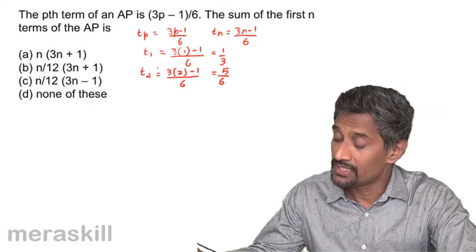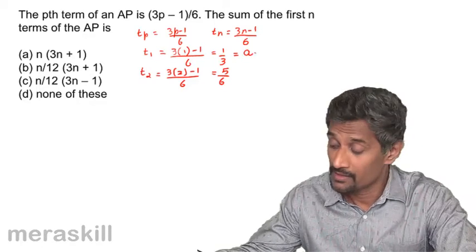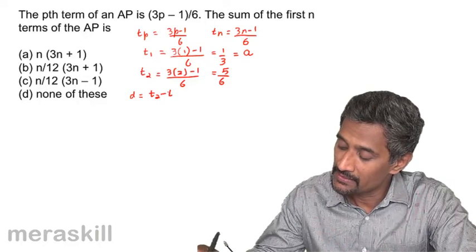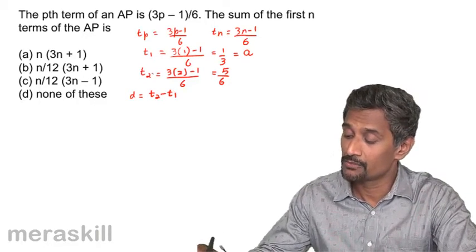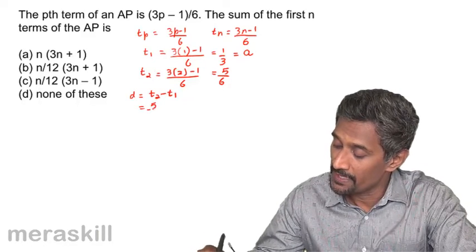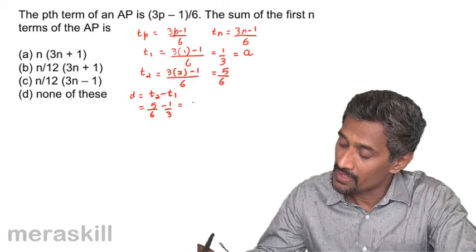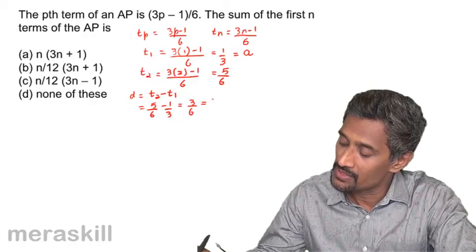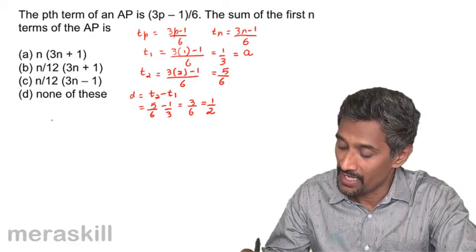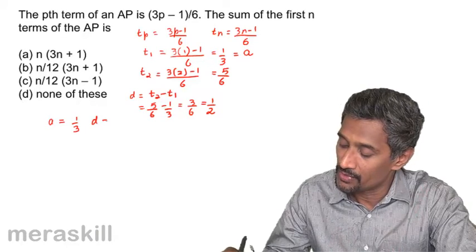And once you know T1 and T2, T1 is nothing but A, and D is going to be T2 minus T1. You know the first term, you know the second term. It is T2 minus T1, which is going to be 5 by 6 minus 1 by 3, which is 3 by 6, which is half. So we have A as 1 by 3 and D is going to be half.